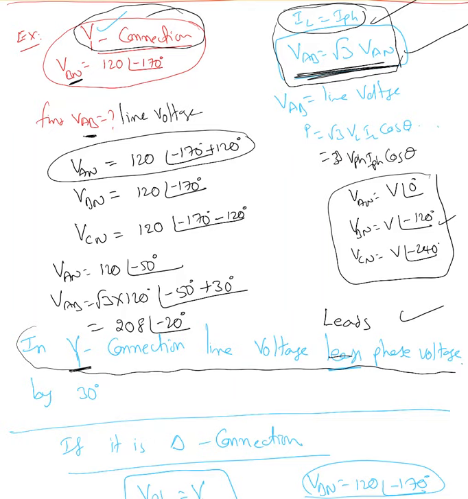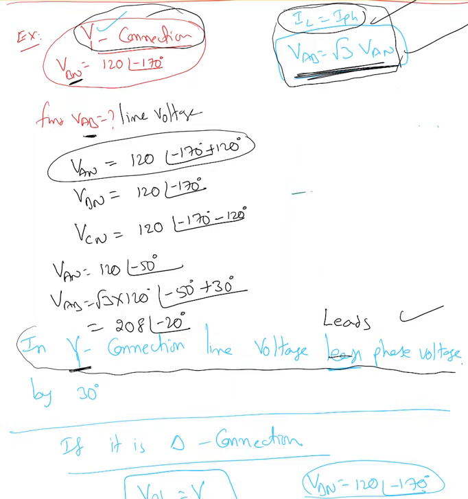Another way of solving this is by using a vector diagram. For any Y connection, the vector diagram must be the same. So let me create some empty space here. Here are the x-axis and y-axis. He gave you VBN, 120 at an angle of minus 170.